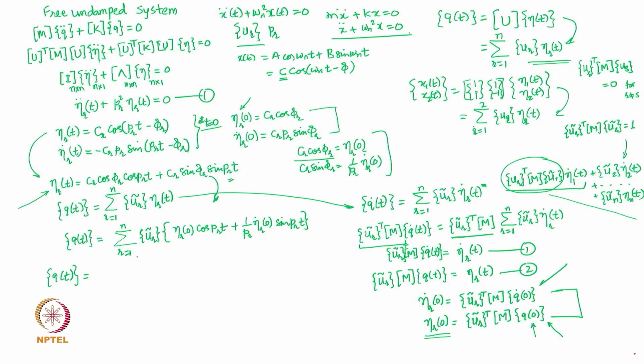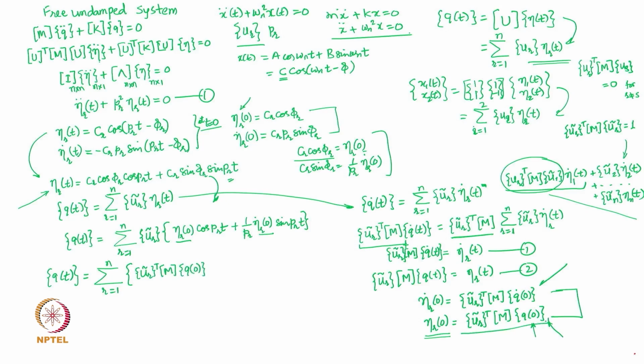So now this summation series is going to get slightly updated by replacing these quantities for which we have got the expressions. So now what I am going to write here is eta r naught, which is going to be ur transpose m q at t equal to 0.